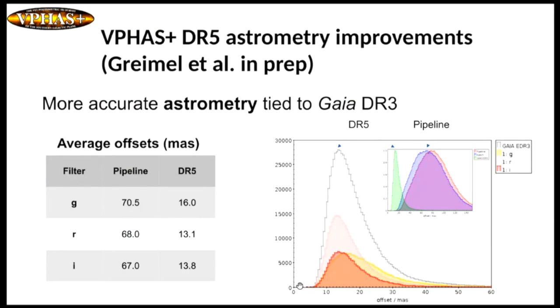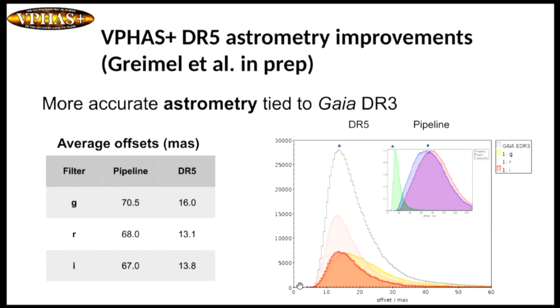And you can see here in this panel, applying the epochs from Gaia already improves a bit the RMS of this astrometric solution.